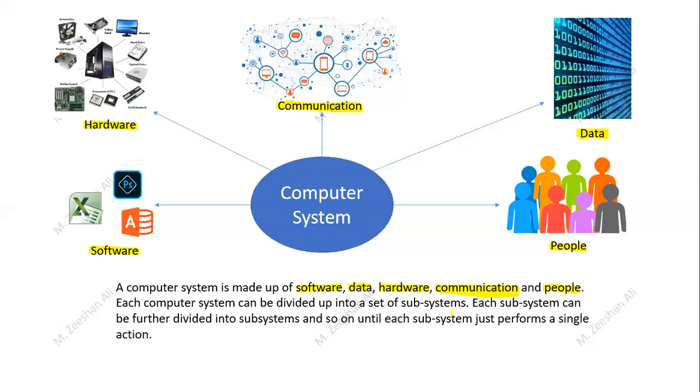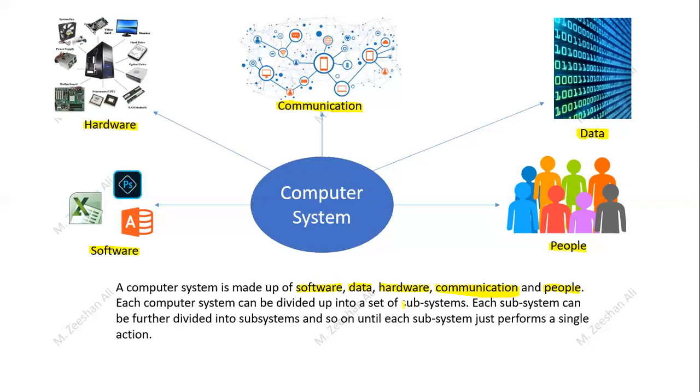Okay, so a computer system can be big or small, and it is a bit complicated. It can be very difficult to understand the whole computer system, but we have a solution for it. And what is that solution? Each computer system can be divided up into a set of subsystems. Subsystems are the smaller systems, the parts of that main computer system.